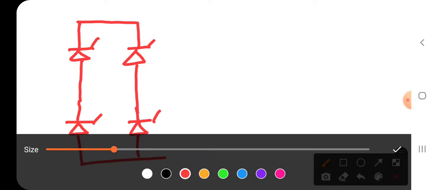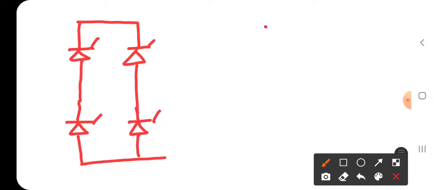And one more converter is like this, which is connected anti-parallel, that means in the reverse direction.